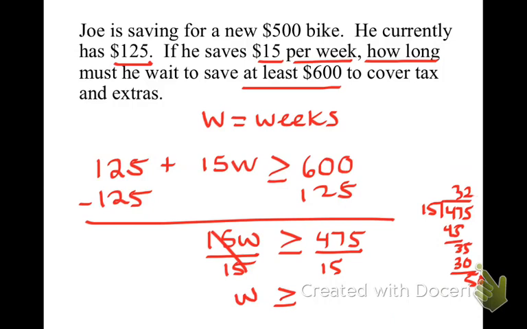Oops, I made a mistake here. Still going. I have a remainder of 2. It goes 1 time.